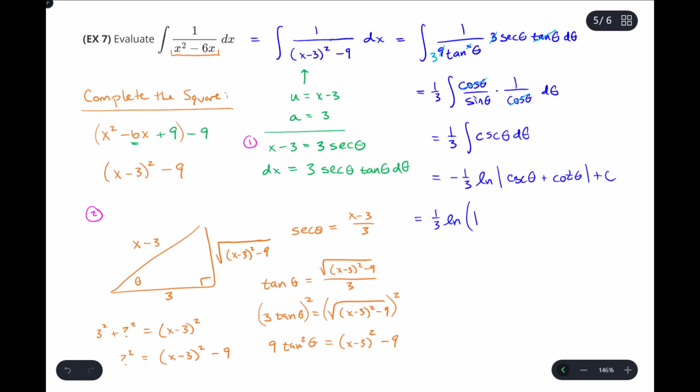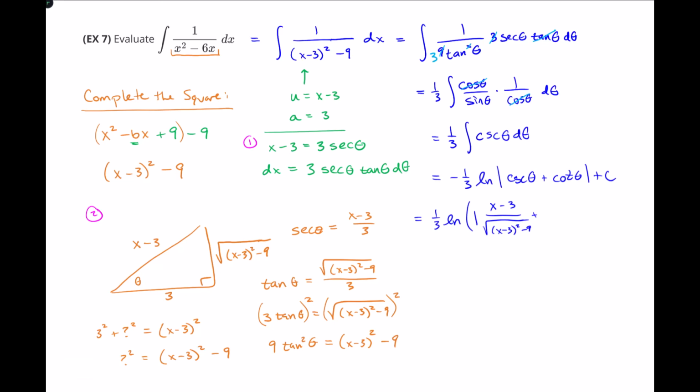I'm going to go ahead and put these in parentheses. Cosecant, let's see, so cosecant is 1 over sine. Sine is opposite over hypotenuse, so it's going to be hypotenuse over opposite. So it's going to be x minus 3 over the square root of x minus 3 squared minus 9.